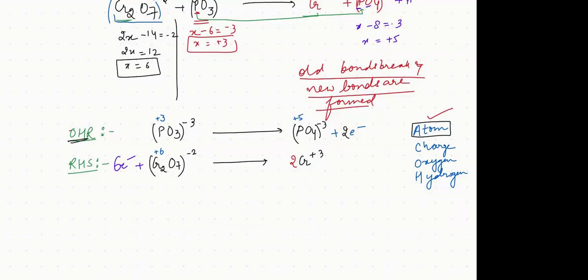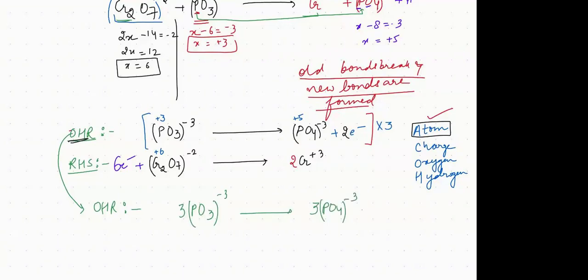And then what happens? This is going to multiply with 3. Because first we have balanced the atoms, right? Now the task is to balance the charge. So I'm going to multiply this with 3. So my oxidation half reaction becomes what? 3PO3 minus 3 gives me 3PO4 minus 3 plus 6 electrons.